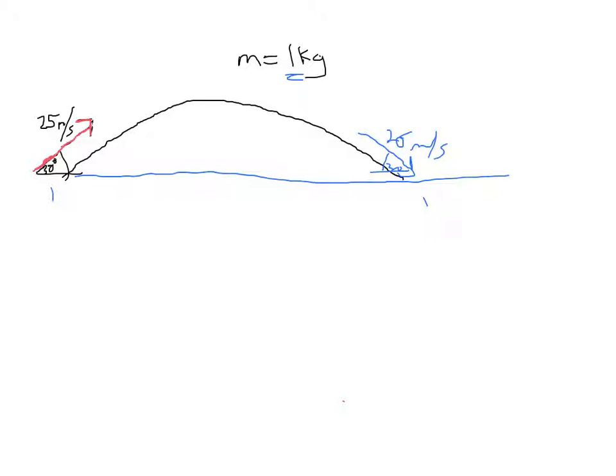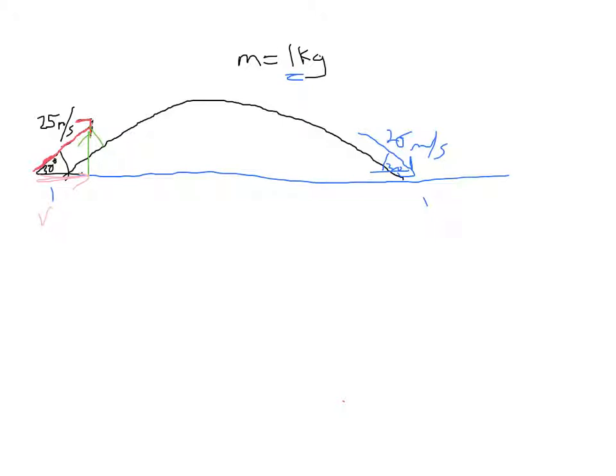Now, usually what we do from here is take this initial velocity and break it up into its x and y components. So if I choose a green color here to show the y component, and a pink color here to show the x component, I'm going to solve for those.